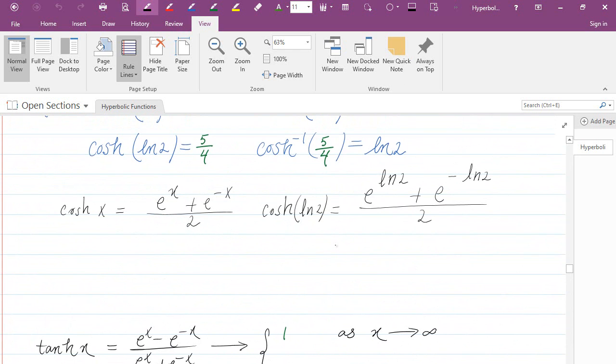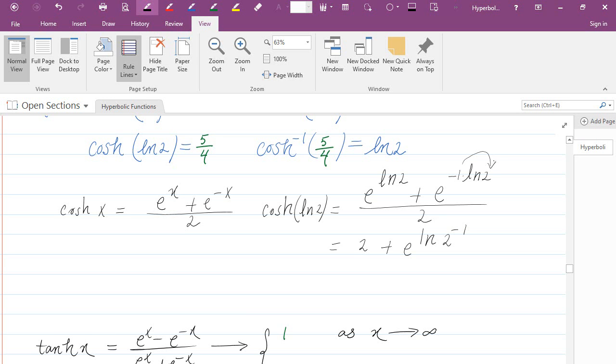Okay, so what I was writing then here is we get 2 plus e to the ln of 2 to the negative 1. This is by one of the log properties.